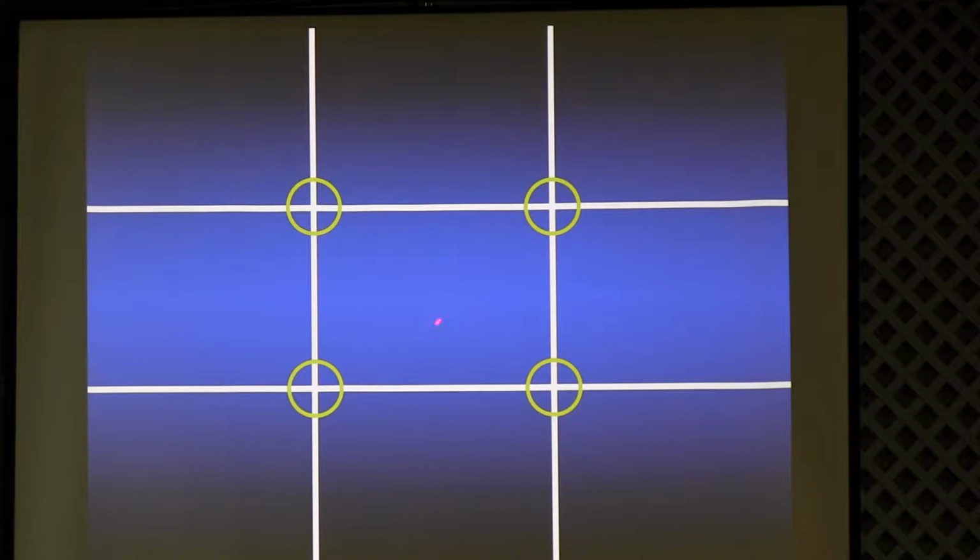Notice that there's no crossing lines or point of interest in the dead center. So when you do a portrait of somebody, their eyes should never be right here. Up here, okay. Over here, okay. But never dead center. That is a boring, boring, boring photograph.